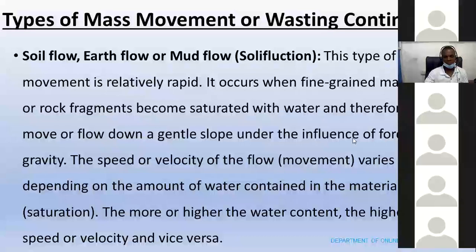All right. Now, the rest of the class, are you okay with the explanation of the various types of mass movement? We've looked at the rockfall, we have looked at the landslide, and we are now looking at the soil flow, or the earth flow, or the mud flow.